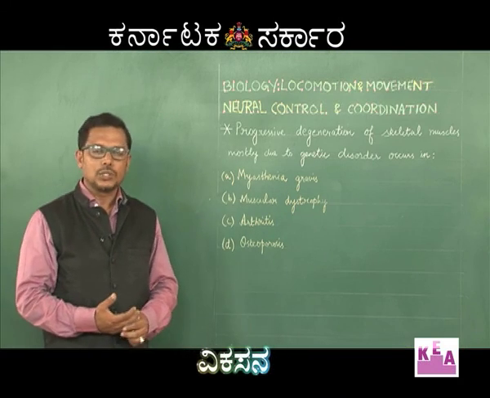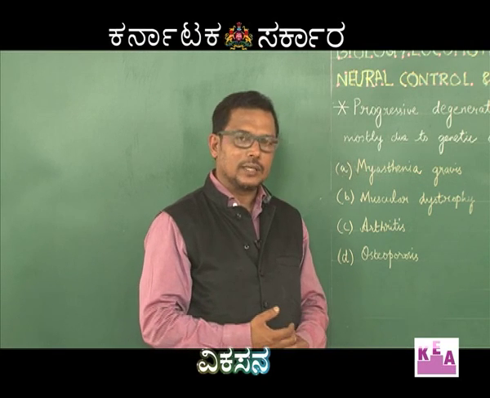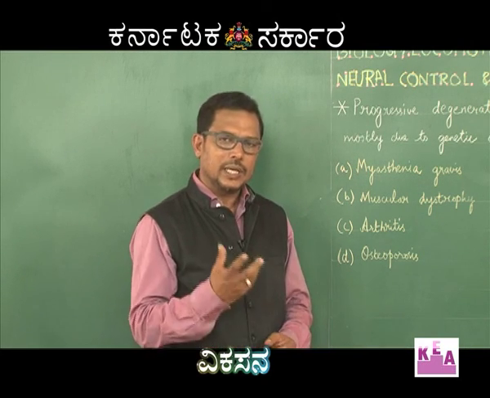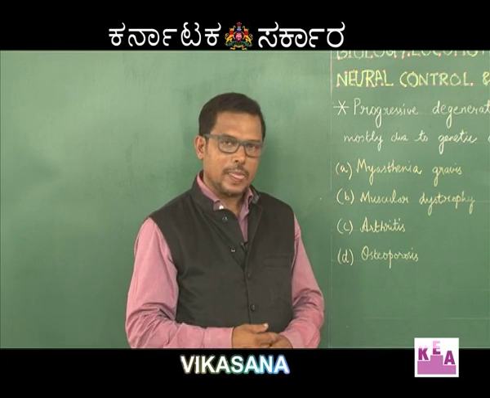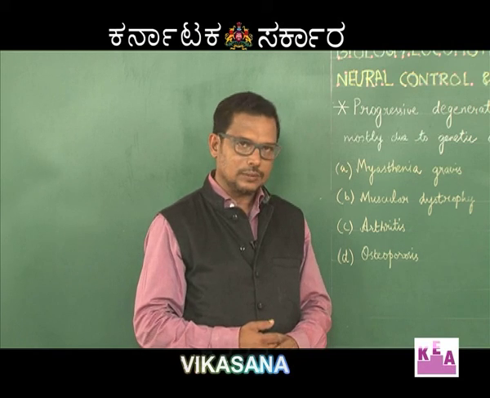Now, let us take up one question from the disorders of muscular tissue. Already I have studied various disorders like myasthenia gravis, muscular dystrophy, arthritis, and osteoporosis. Osteoporosis is a disorder caused due to reduction in bone mass, especially due to reduction in the level of the hormone estrogen.